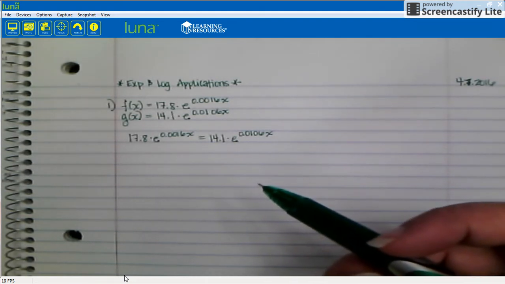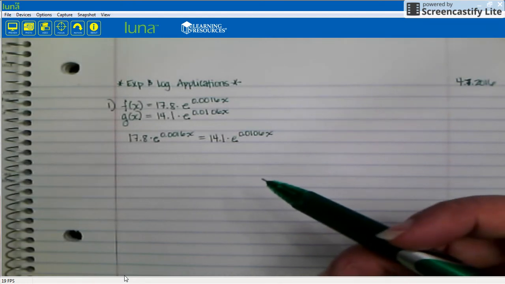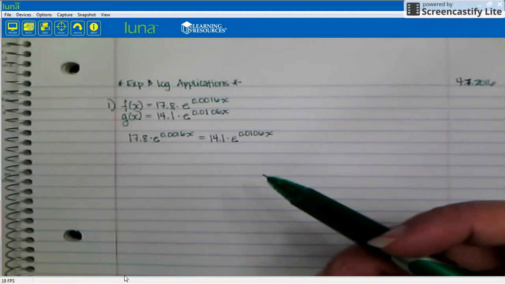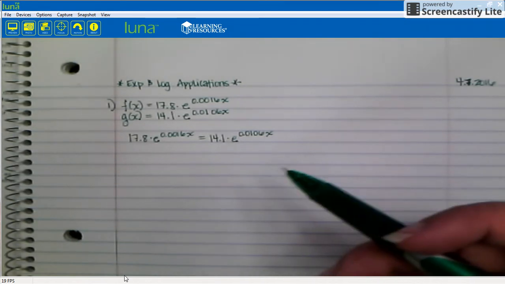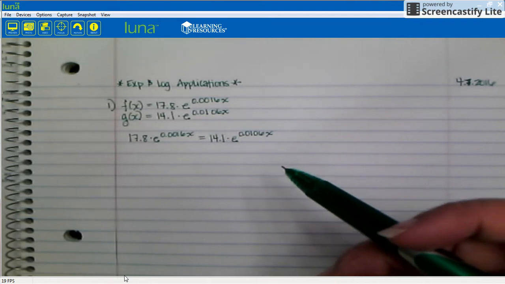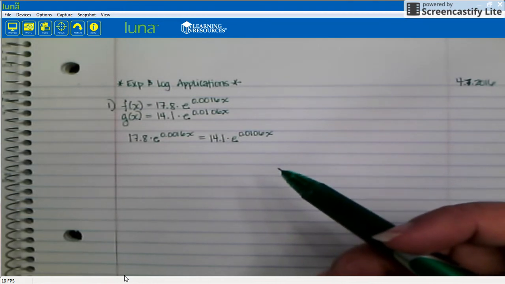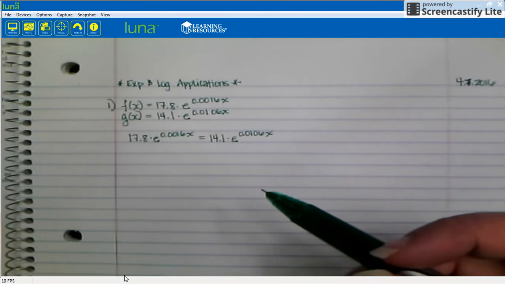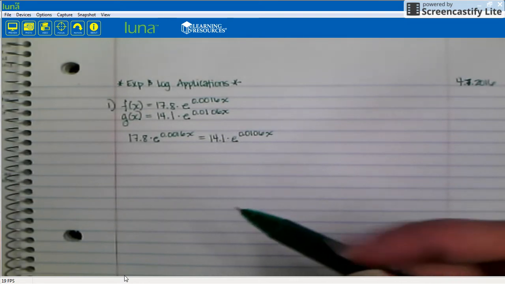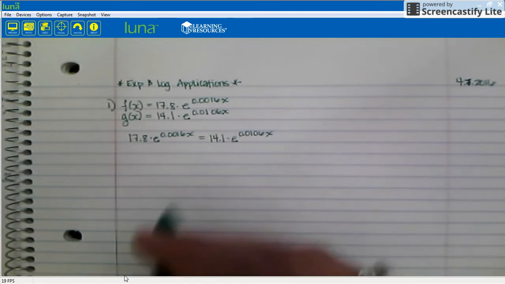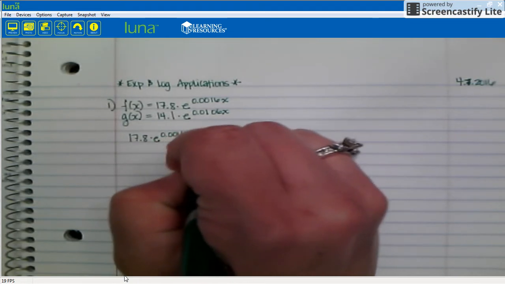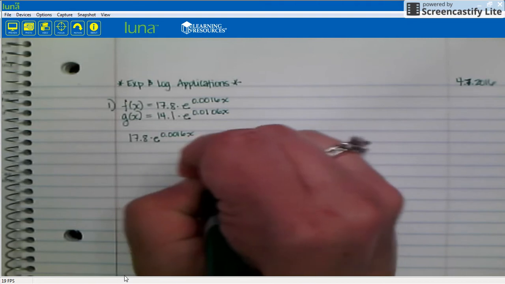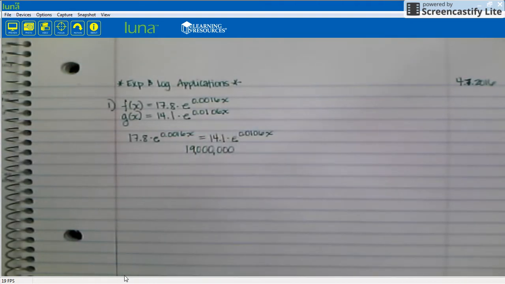In your table, x is in the left column, the second column is the y values of your first function, and the third column is the y values of your second function, and you're looking for when those y values are equal to each other. And that is going to occur at 19 million. Okay, 19 million. So your populations are going to be equal to 19 million when they are equivalent.